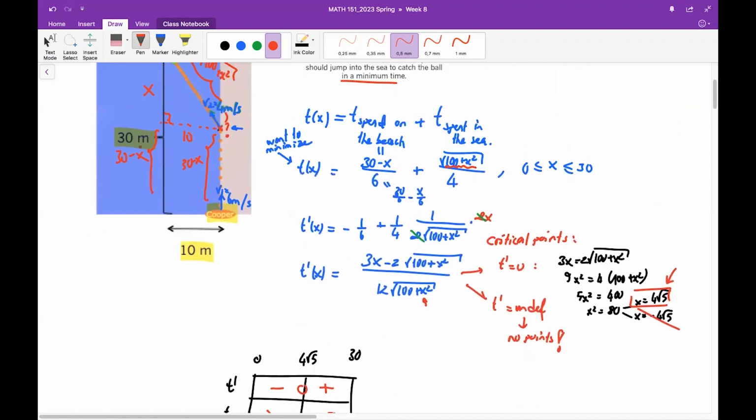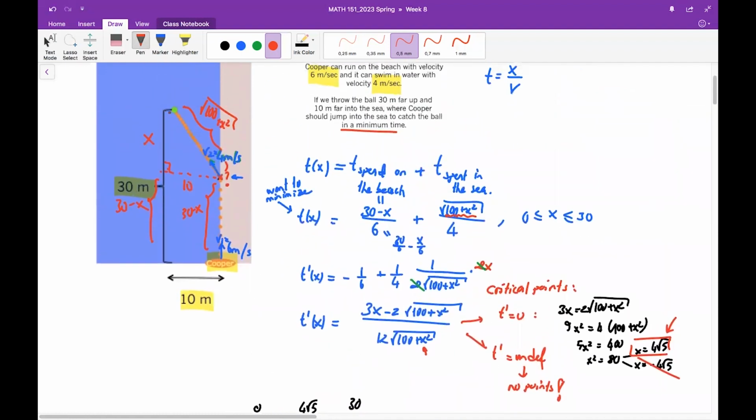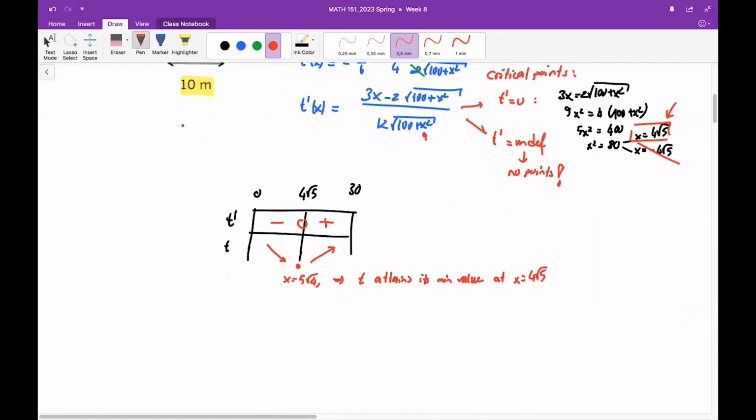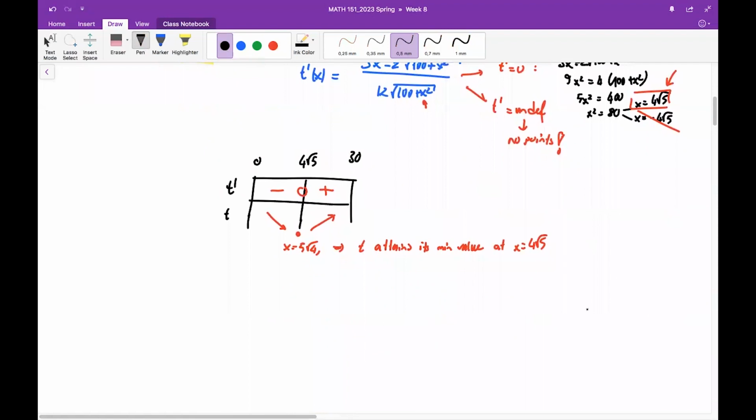What was x? The x value was the length from the ball to here. So we were searching for this point at which the dog Cooper should jump into the sea. Let me draw that picture here again. So here the dog Cooper starts running at the beach. There was this point at the beach where the dog Cooper jumps into the sea, and then he catches the ball.